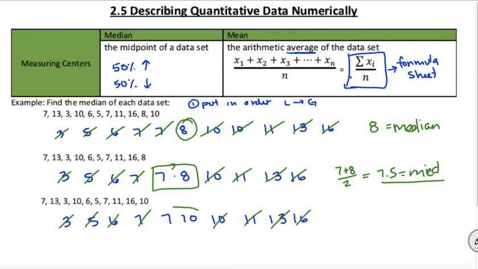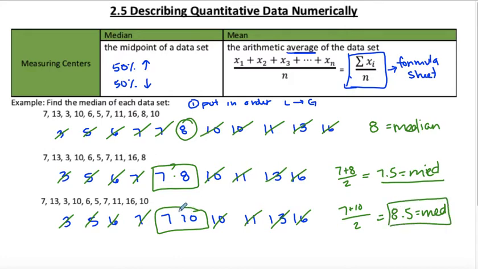That would cross out everything, so we average those. 7 plus 10 divided by 2, and this is where we get 8.5 as our median, which again is that middle 50%. 50% of our data is above 8.5, 50% of our data is below.